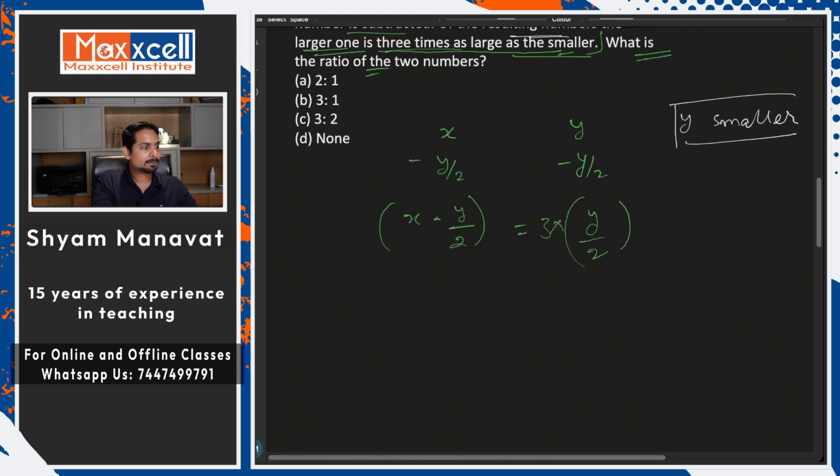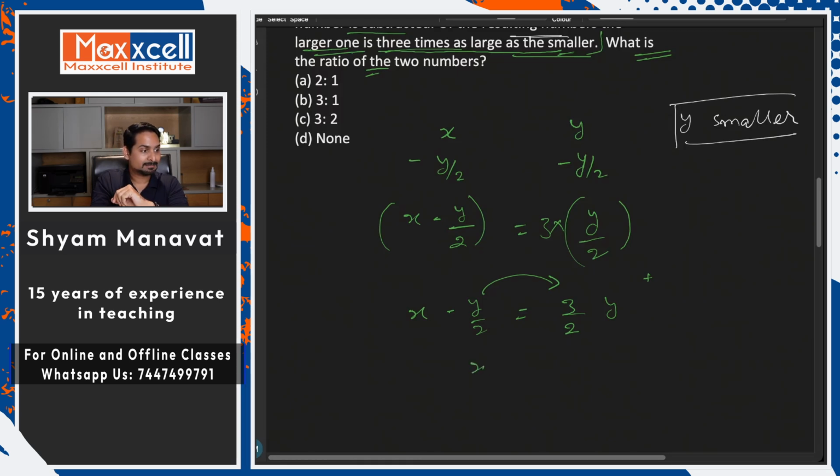Simplify further. What do you get here? x minus y by 2 equal to 3 by 2 y. 3 by 2 means what? 1.5. Why am I asking you this? Because if I take y by 2, half, to the other side, it becomes plus. So 1.5 plus half is equal to 2.